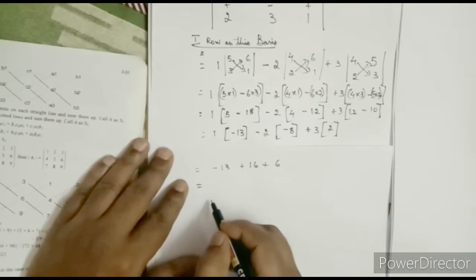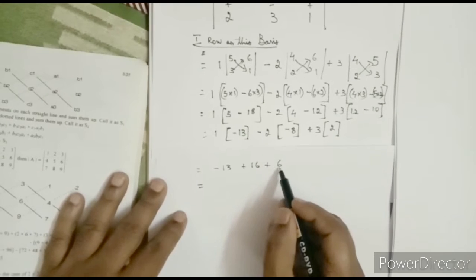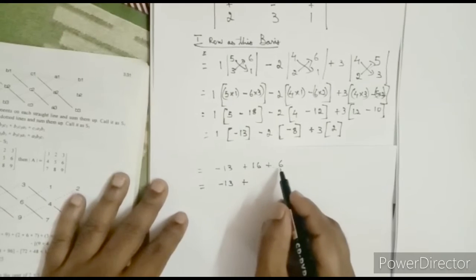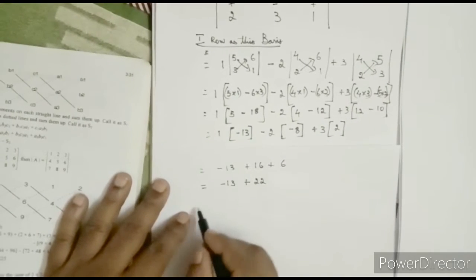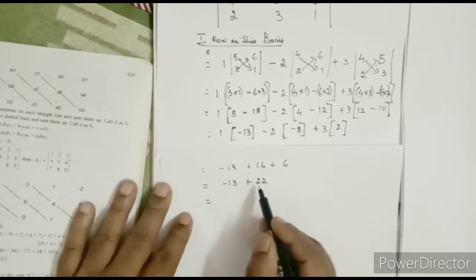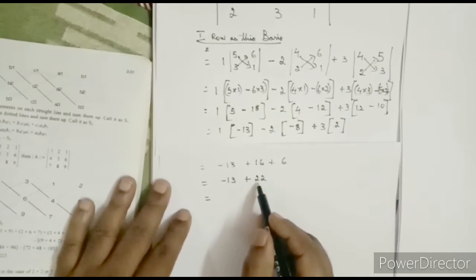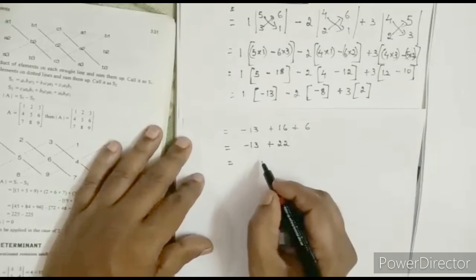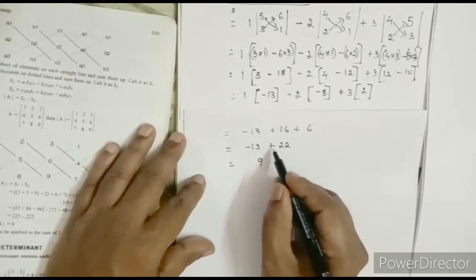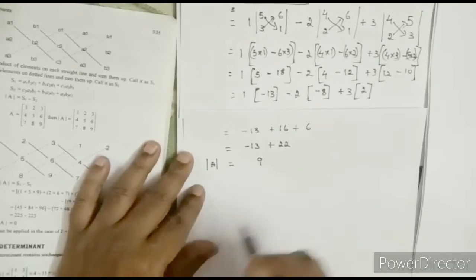Now let us simplify this. Minus 13 plus 16 plus 6. Here it is nothing but minus 13 plus 22. Minus 13 plus 22 is 9, plus 9, because this 22 has a greater value. Therefore det A equals 9.